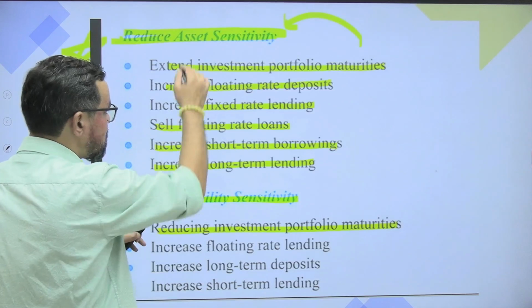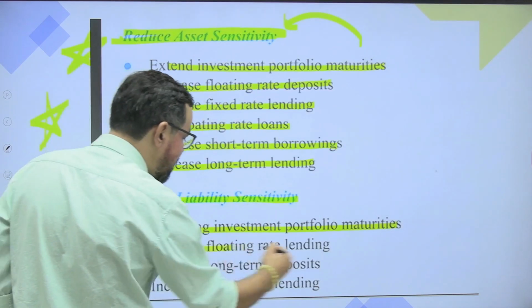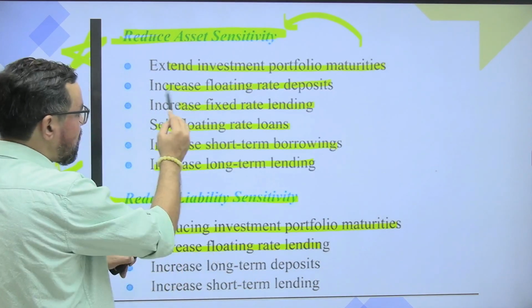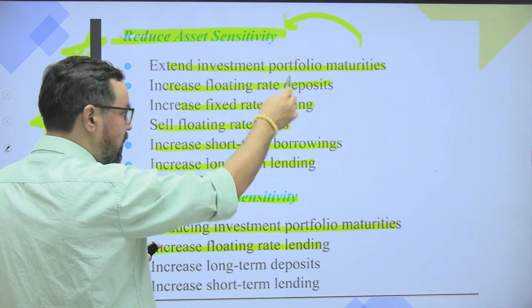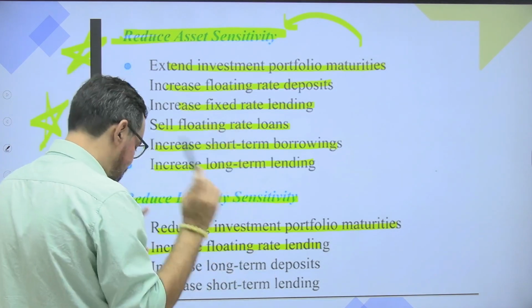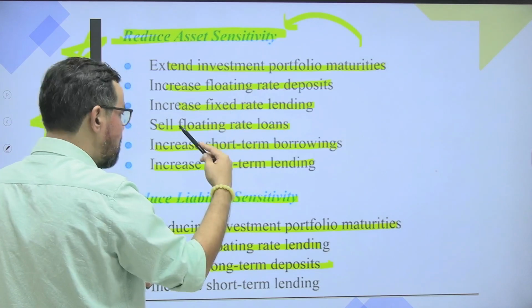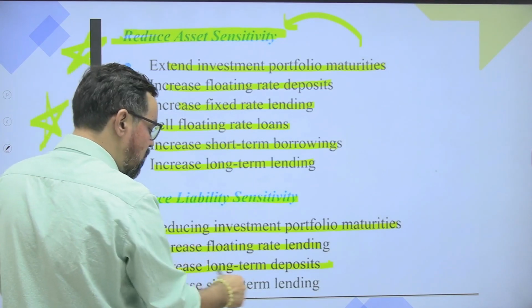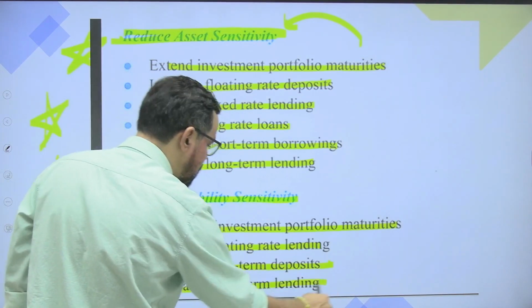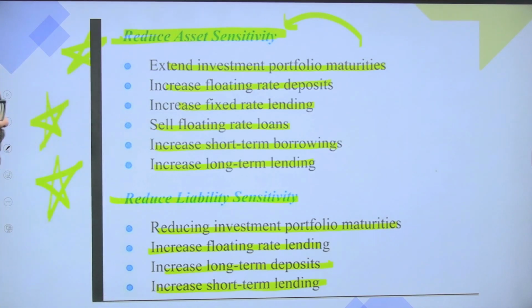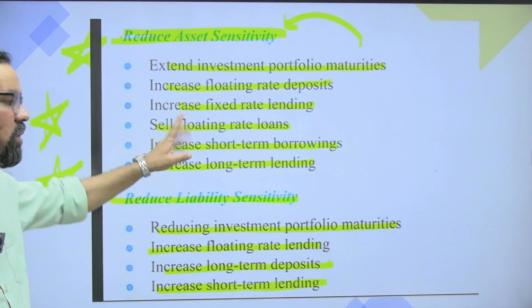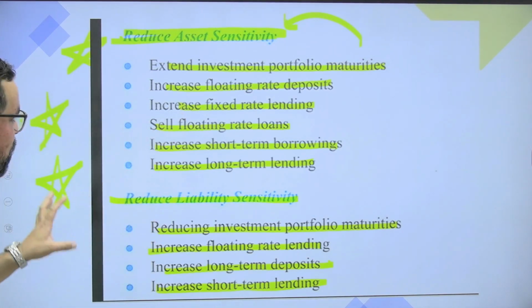This is just the opposite. Increase floating rate lending, not floating rate deposit. Increase long term deposits, increase fixed rate lendings, increase short term lendings, increase short term borrowings.